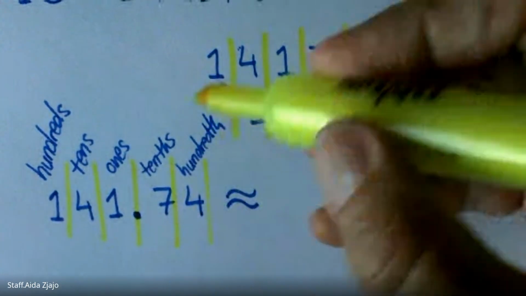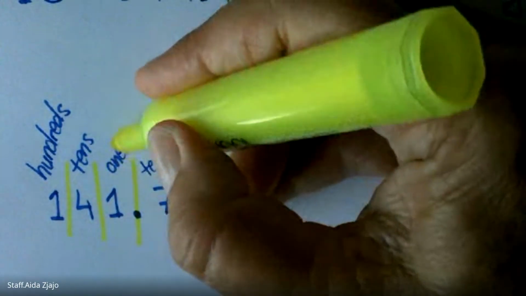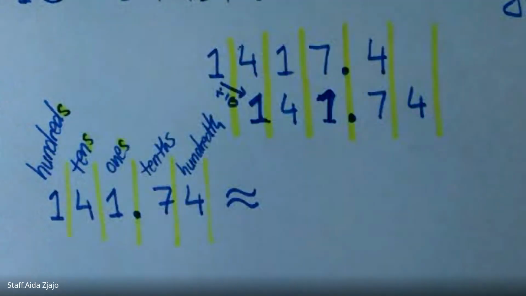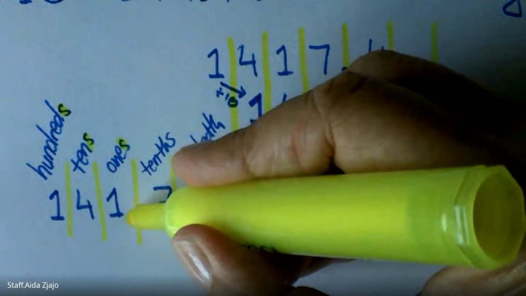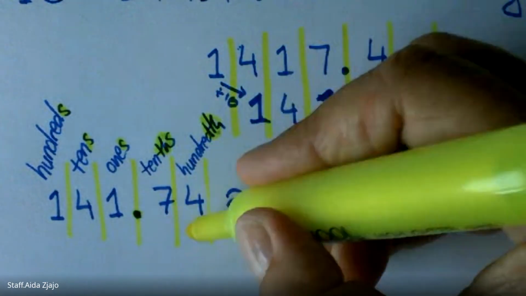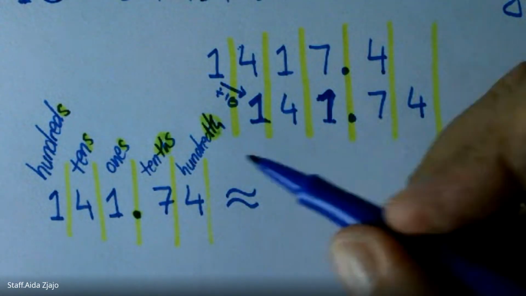Each place value has a name. These are called ones, these are called tens, and in this place you have hundreds. After the decimal, these are called tenths. These are called hundredths. So they told me to round to the nearest tenth.